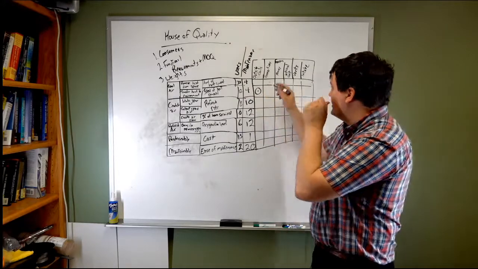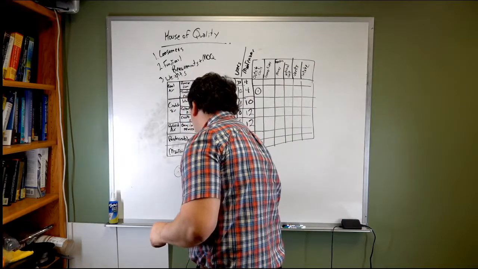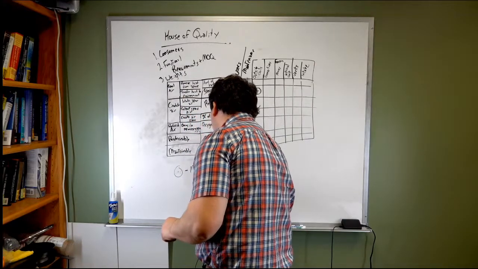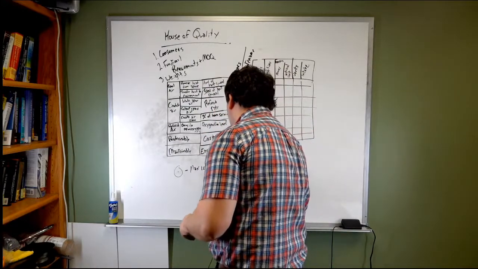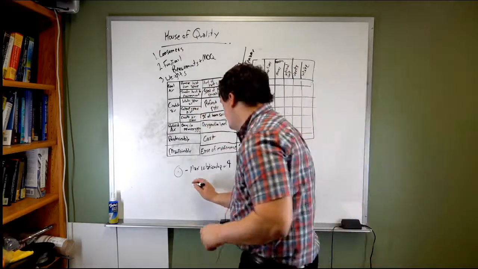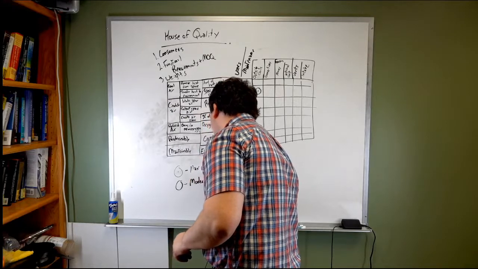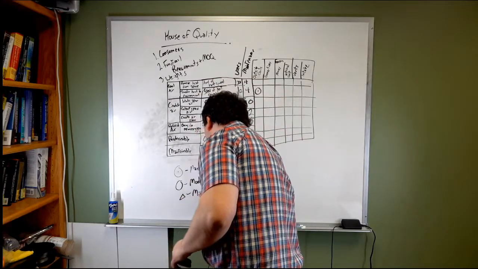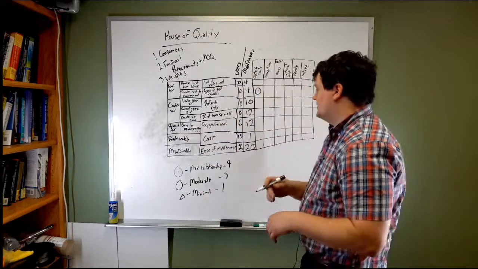This is a maximum relationship, meaning very, very impactful. This has a value of 9. Your circle is a moderate relationship. It has a value of 3. And then a triangle is minimal. It has a value of 1. We'll talk about what those mean later.